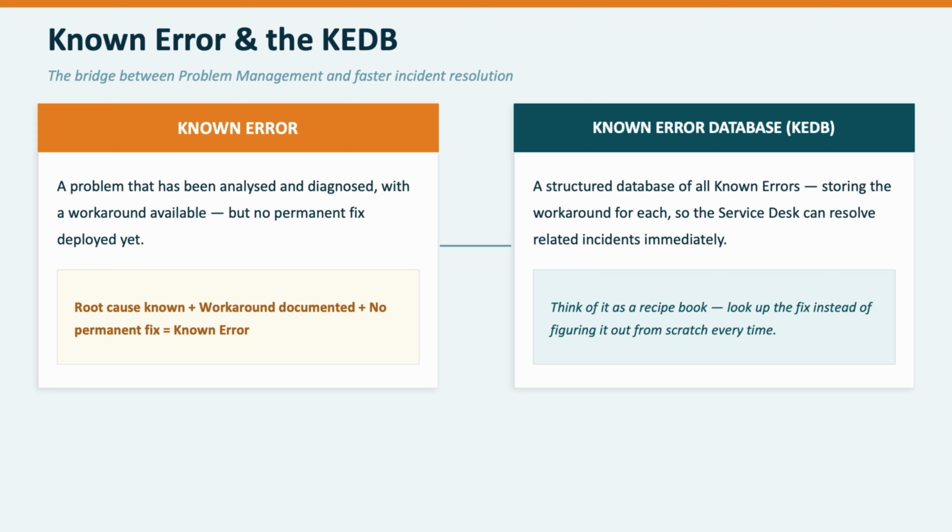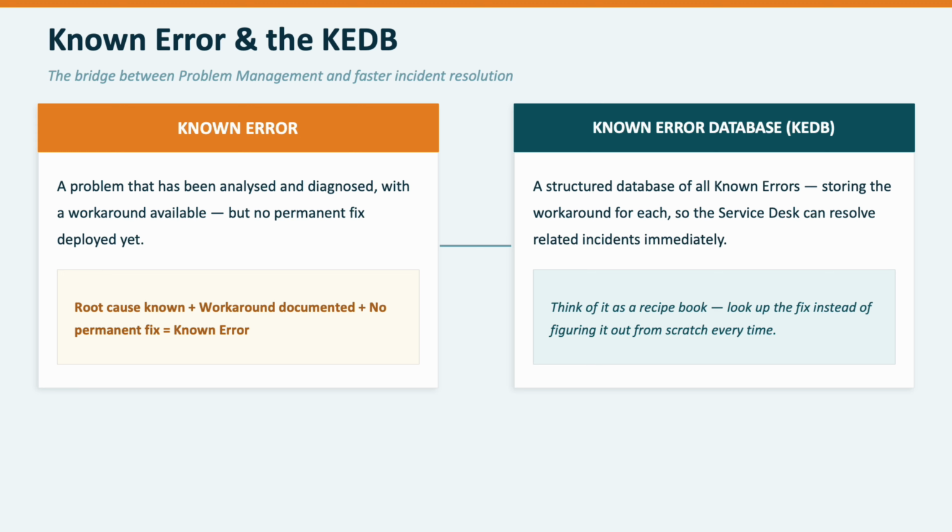A problem that has been analyzed and diagnosed with a workaround available but no permanent fix deployed is called a known error. There is a problem but we do not have a permanent fix right now. So we have given a workaround to the service desk team so that they can run that fix for a while and users are not stopped from using the services, and once we have a proper solution we will start working on it.